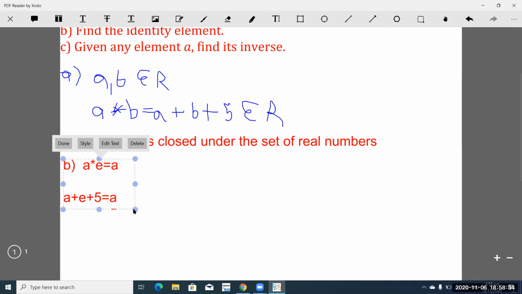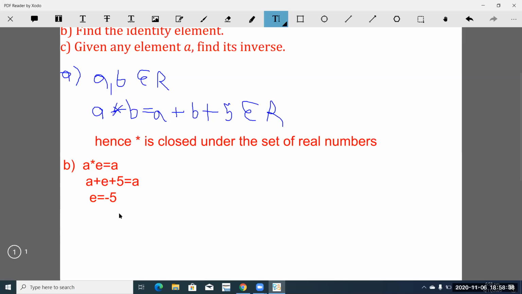And we're done. Easy. So the identity of star is minus 5.